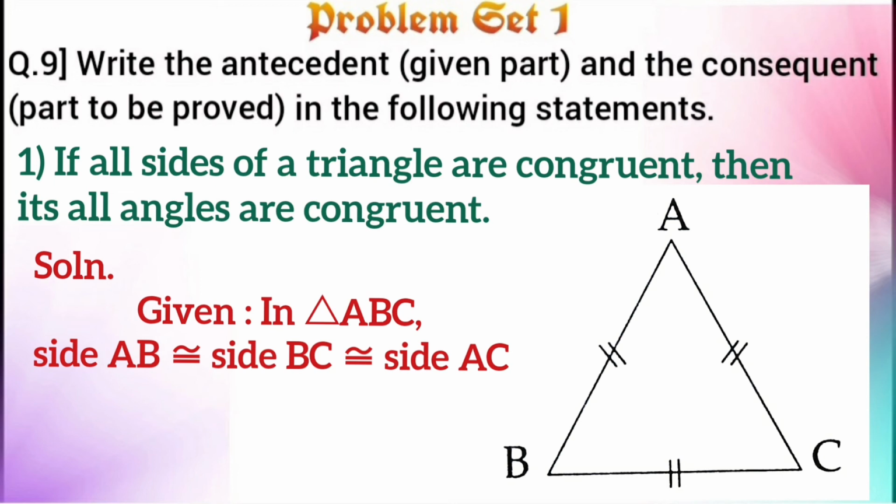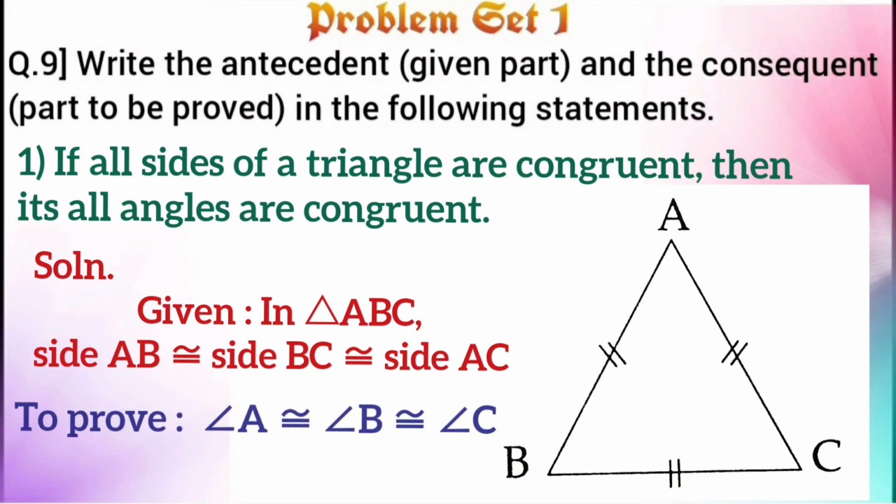This is given, because if you read the first part of the sentence, that is, if all sides of a triangle are congruent. So by taking that part into consideration, we have written the given part, that is, in triangle ABC, side AB is congruent to side BC, congruent to side AC. Now what is the to-prove part? That is, all angles are congruent.